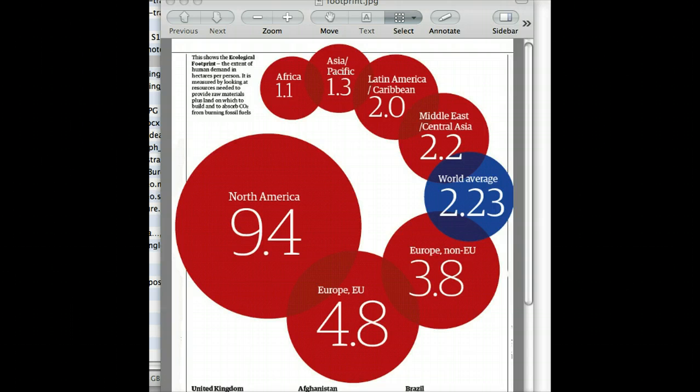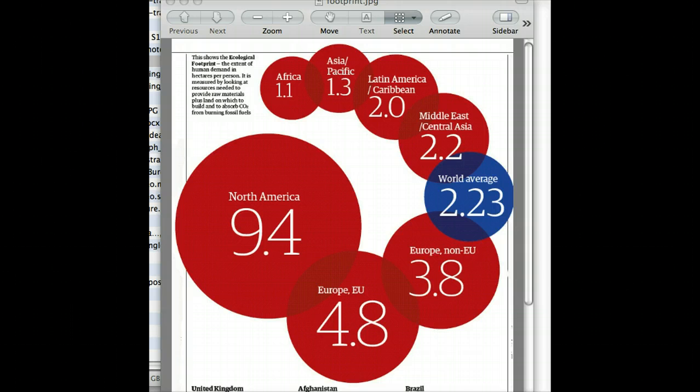This is a representation of the relative size of the ecological footprint of the average person in each of the regions named, measured by hectares per person. A hectare equals approximately 2.5 acres. It's 100 meters square, just to give you a rough idea of what that means.